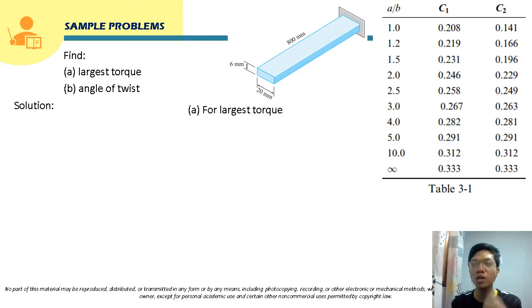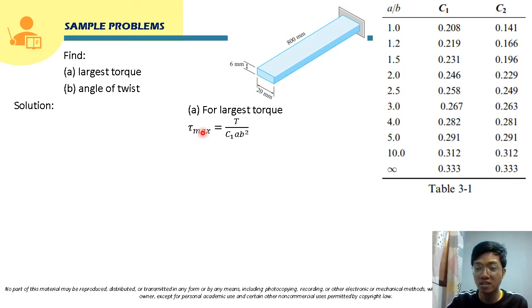Class, we are going to use here the formula for allowable shear stress, since it's given in the problem. From this formula, since the allowable shear stress is given, we can solve for the value of torque T. The formula for the maximum shear stress is T over C1 A B squared.